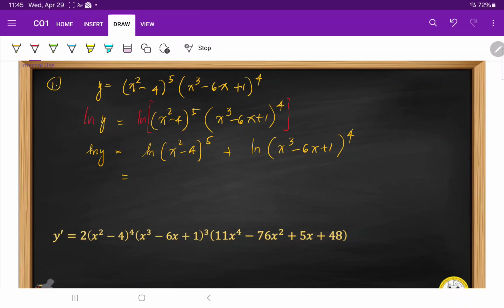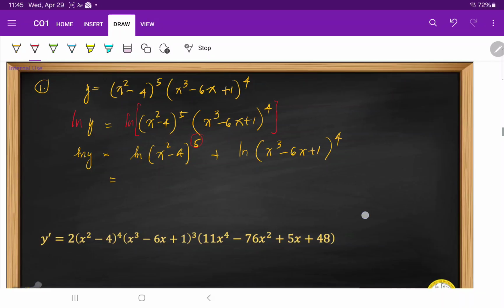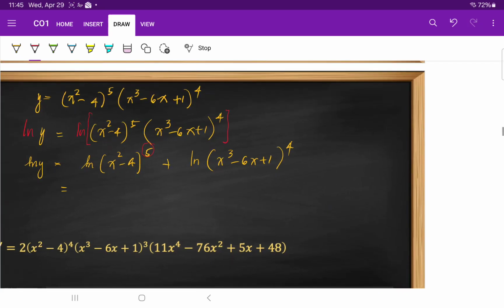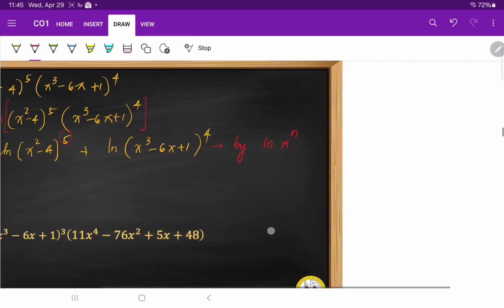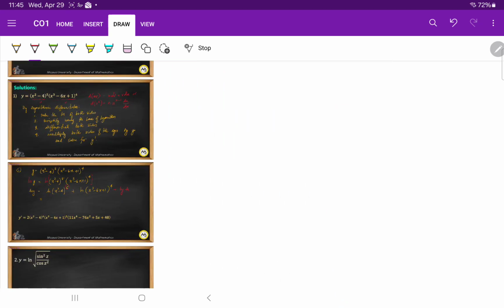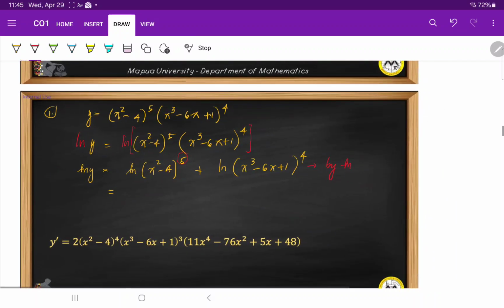We can bring down the exponent using the law that ln of x to the n is equal to n ln of x.